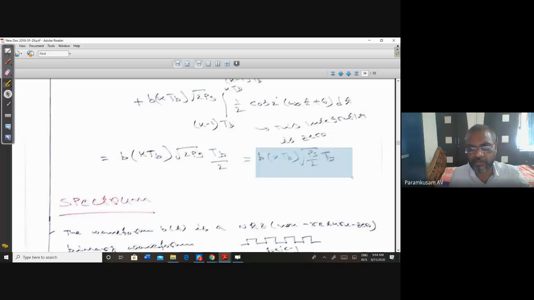Okay, this one. B of kTb into root over Ps by 2 into Tb.